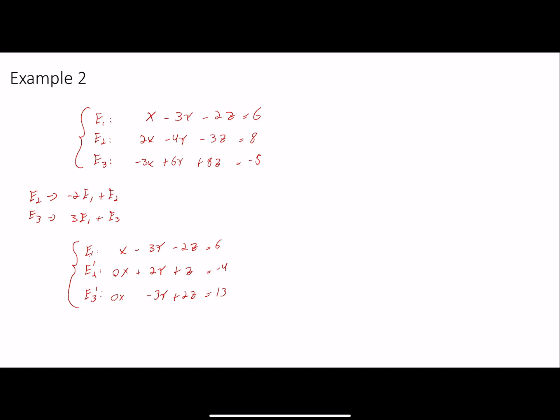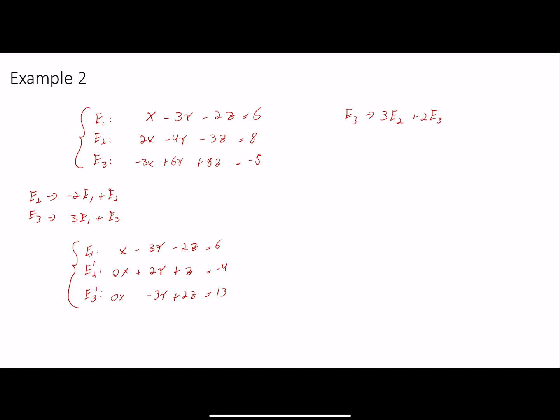So let's replace equation 3, say, with 3 equation 2 plus 2 equation 3. Right? So if we do this, we're going to end up with a new system now. So the first two equations won't change anymore, right?